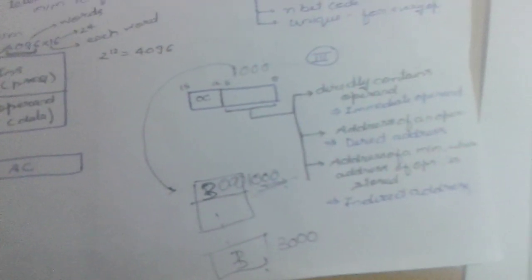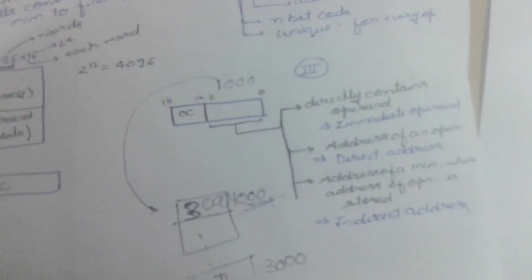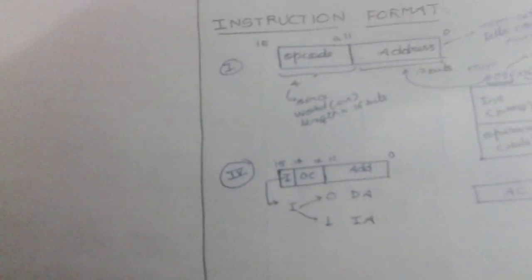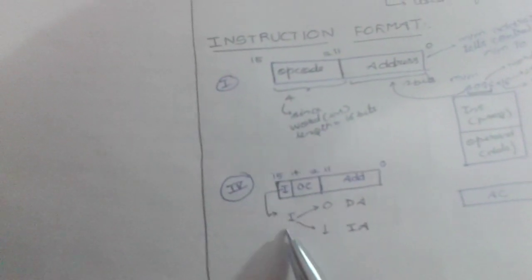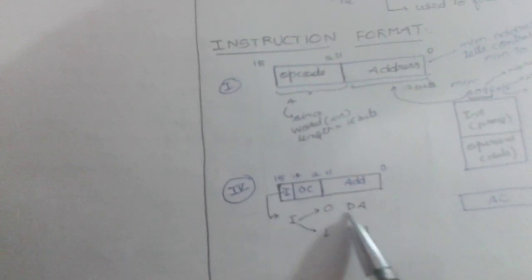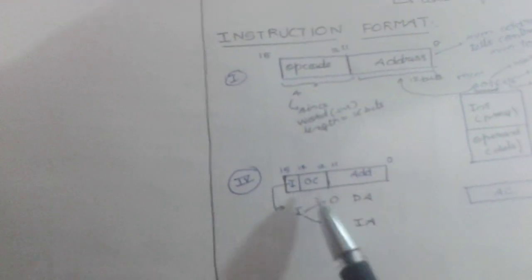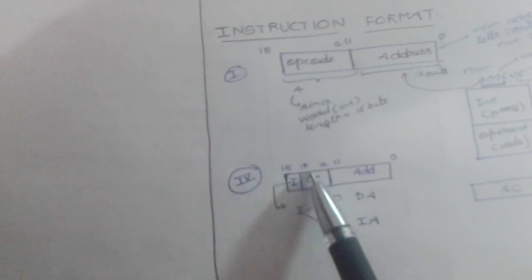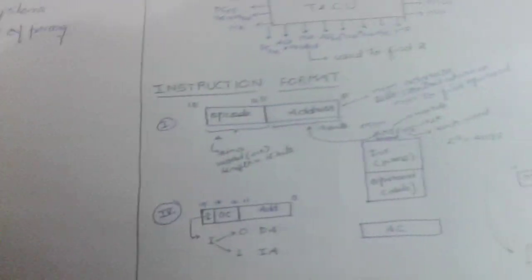So how do we differentiate whether it is an immediate operand, direct addressing or indirect addressing? We provide the last bit as I. If I is 0, it means direct addressing. If it is 1, it means indirect addressing. Now only 3 bits are left for the opcode, which means just 8 operations can be expressed by this field.